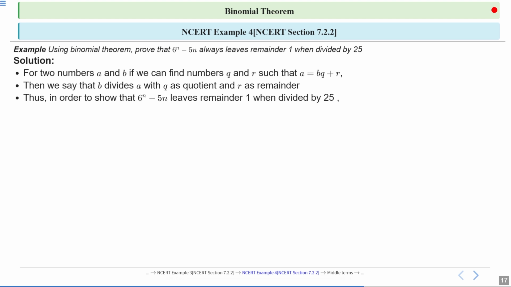Thus, in order to show that 6 to the power n minus 5n leaves remainder 1 when divided by 25, we can express 6 to the power n minus 5n as 25k plus 1. Okay, so we have to prove that 6 to the power n minus 5n is equal to 25 times k plus 1, where k is some natural number.